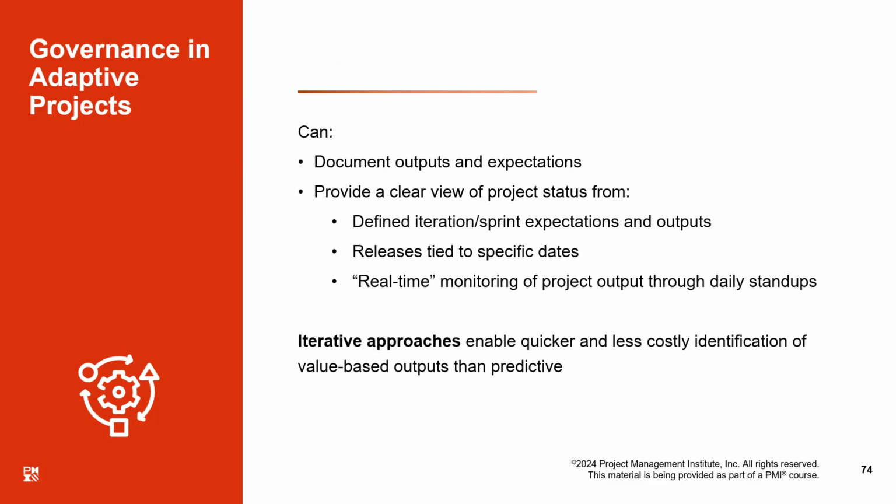Because adaptive or agile is an iterative approach, it enables quicker and less costly identification of value-based outputs than predictive. In predictive, we have to spend a handsome amount of money in planning. Even in planning, you could have hired consultants and this and that.